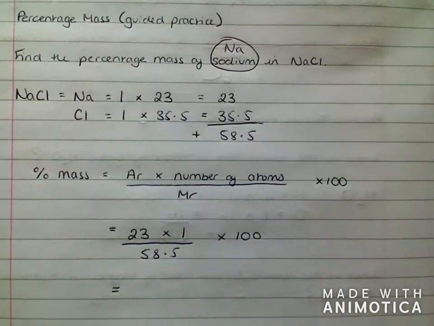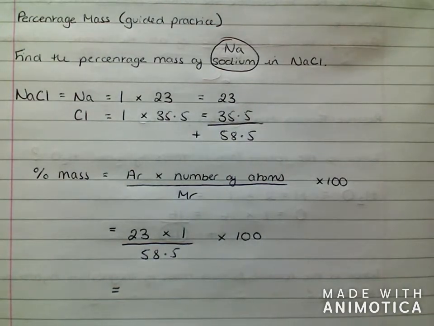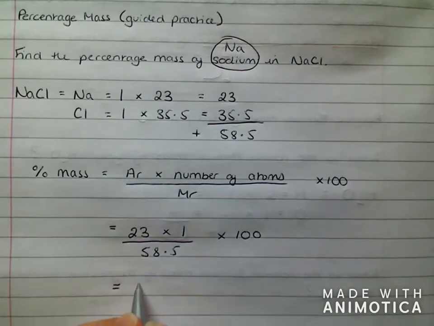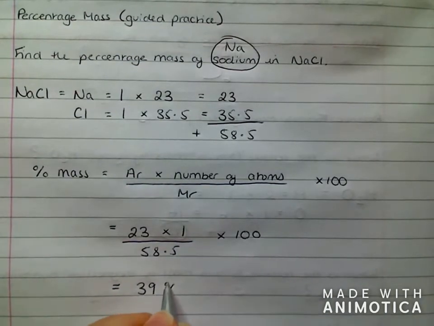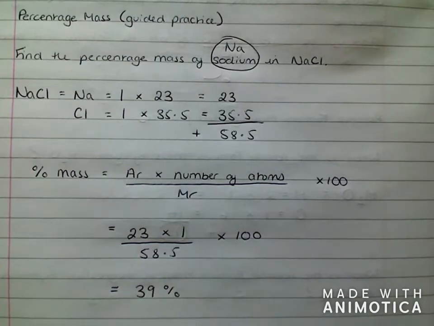And then I do 23 times 1 divided by 58.5 times by 100, which gives me 39%.